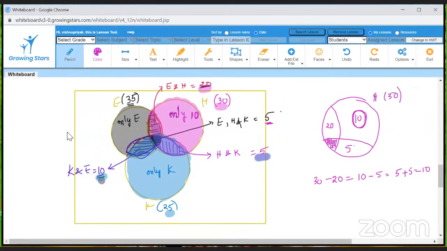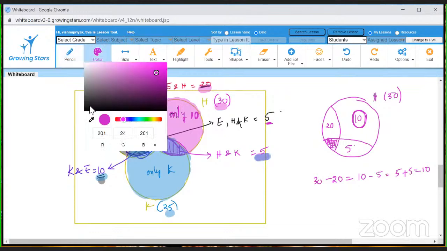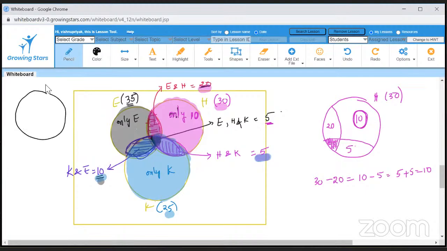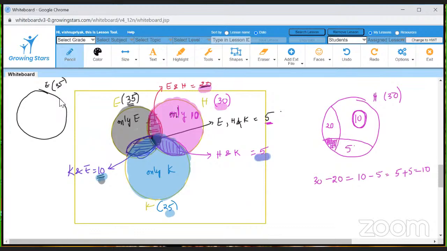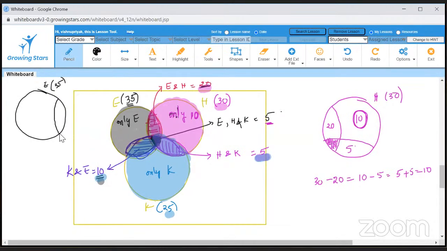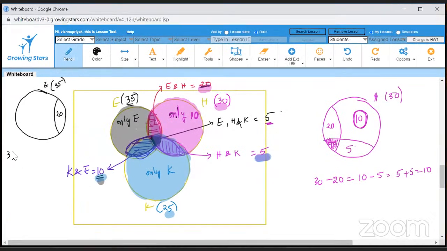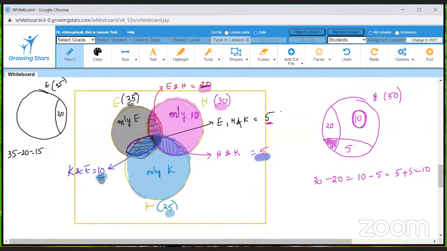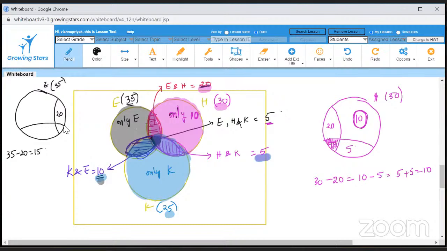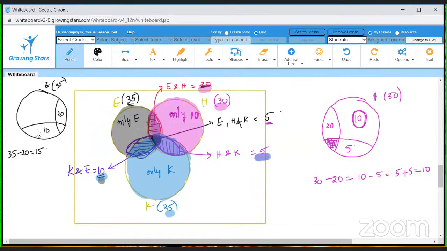Like that, I will take the English circle. In the English circle, 35 people are there. But out of this 35, 20 people speak Hindi also. So from 35, I will remove 20. Now 15 people. From 15, I will remove 10 also, because along with English, they are speaking Kannada also.